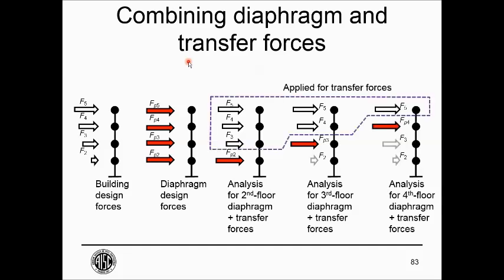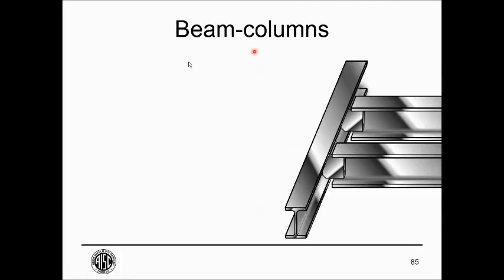And the ELF forces considered at the levels above are only there for the transfer forces. If those forces just remain in the frames where they were distributed to and go down, they won't affect the diaphragm at all. But if they transfer back and forth from a shear wall to a moment frame, you'll be capturing that and adding that to what's going on with the F sub P diaphragm force. That brings us to collectors.